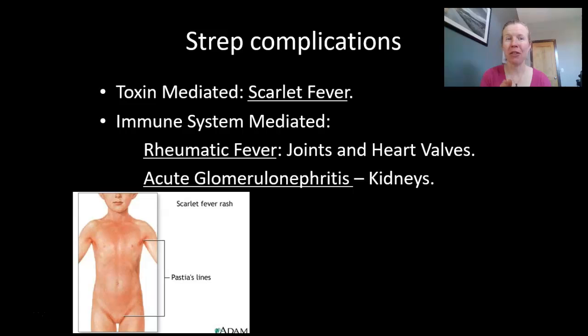So most strep infections don't lead to scarlet fever. The only way they lead to scarlet fever is if the bacteria has been infected by a phage, right? And that virus is actually telling the bacteria how to make this toxin. I thought that was really interesting. There's also the possibility of the development of rheumatic fever as well as glomerulonephritis. These are both considered immune system mediated, meaning that your immune system is attempting to attack the strep pathogen, and then it seems like maybe a case of mistaken identity.